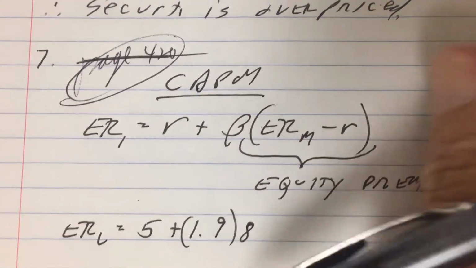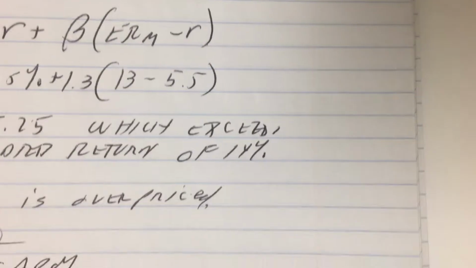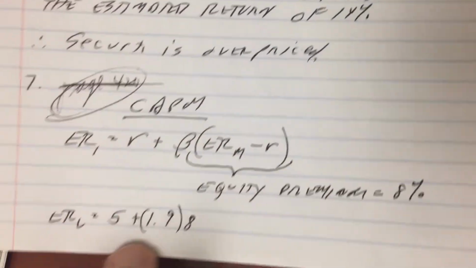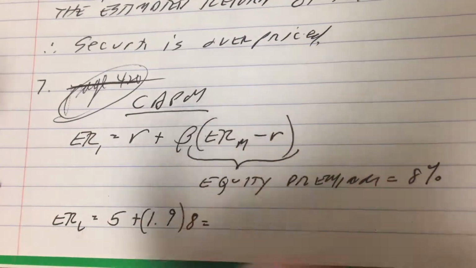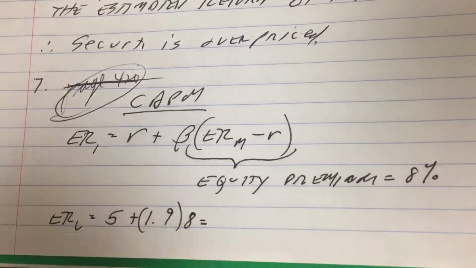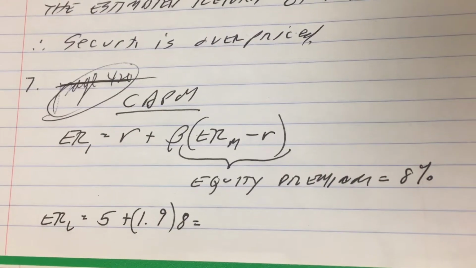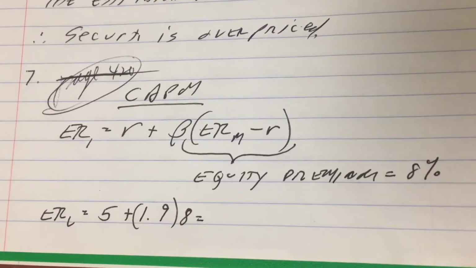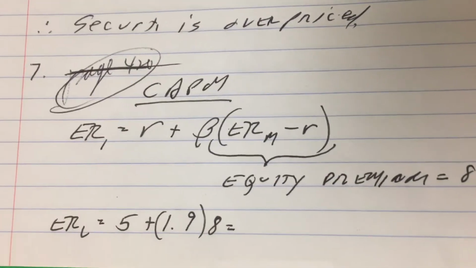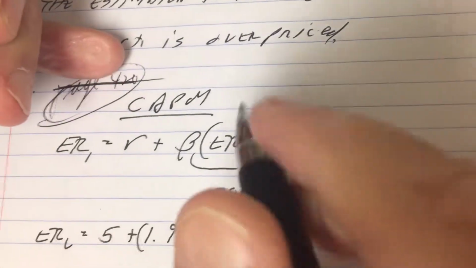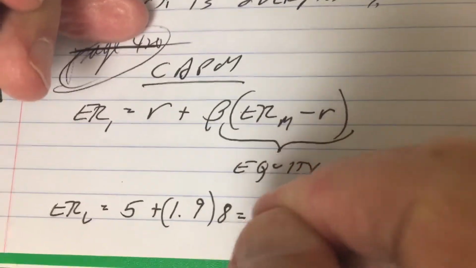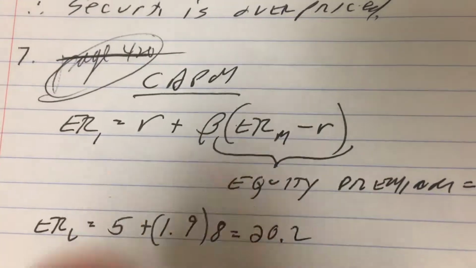So 1.9 times 8 is 15.2, plus 5 is 20.2. 20.2 is the expected return on this stock.